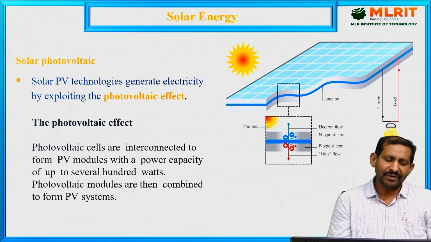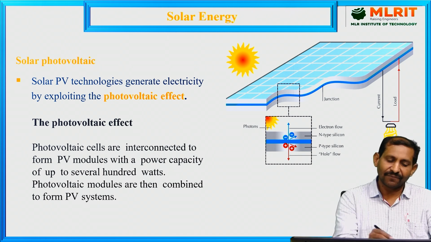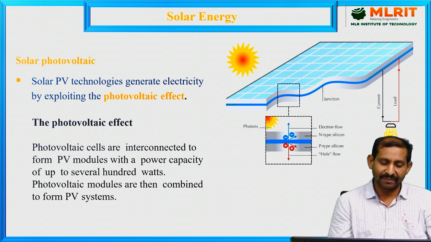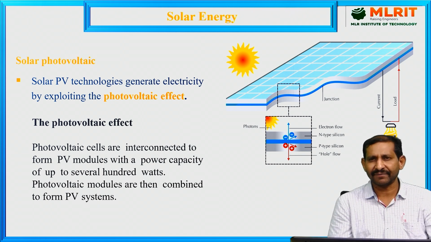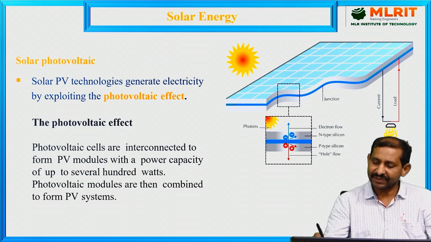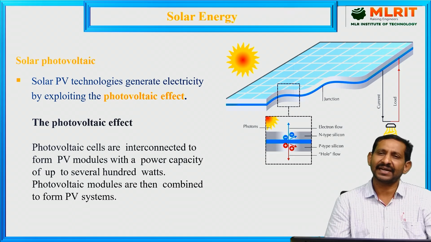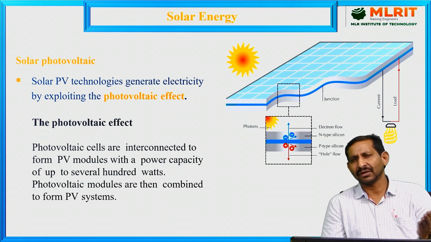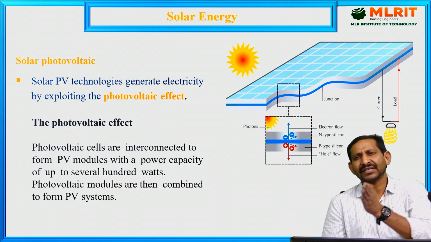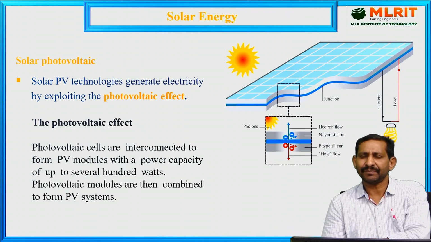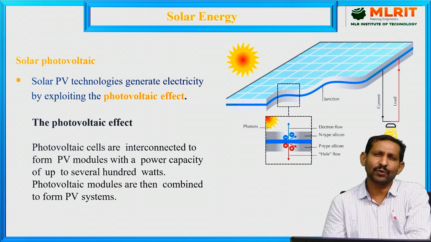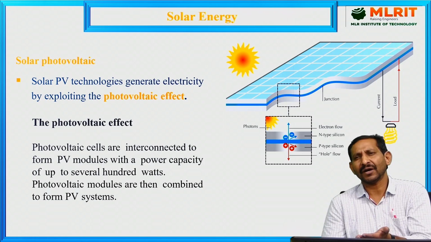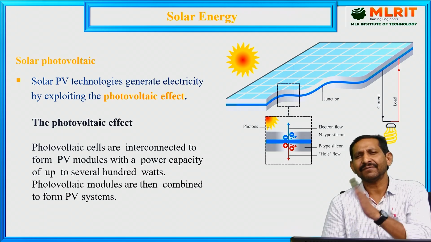Now coming to the components involved in the photovoltaic cell. Photovoltaic cells generate electricity by the photovoltaic effect. Here there is an N-type semiconductor, a P-type semiconductor, and a diode. The N-type semiconductor is generally doped with fifth group elements in silicon or germanium, and the P-type semiconductor comes from doping silicon and germanium with third group elements.